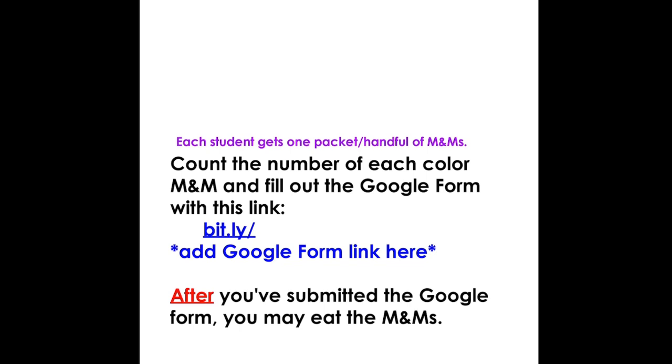And then there's going to be a Google form that isn't available yet, but whoever is leading this lesson will put the Google form either in the chat or on the board for you to fill out here. And you will fill out the number that you got for each so that we can tally them up as a class and use that as our class data. So after you submit the Google form, then you're free to eat your M&Ms.